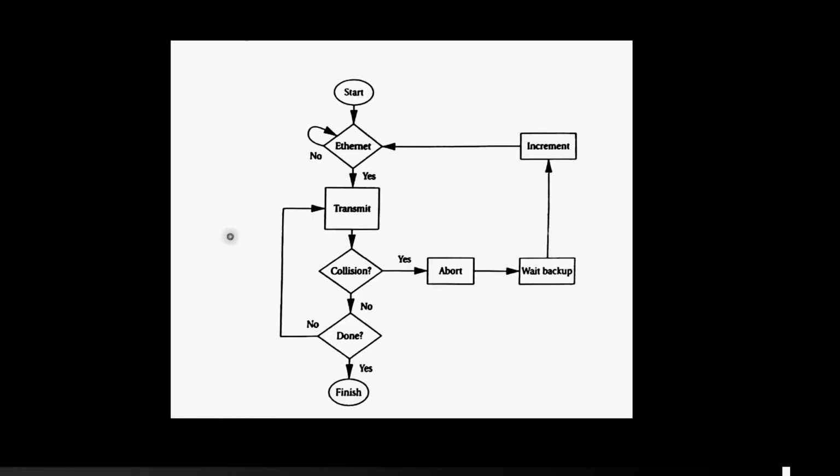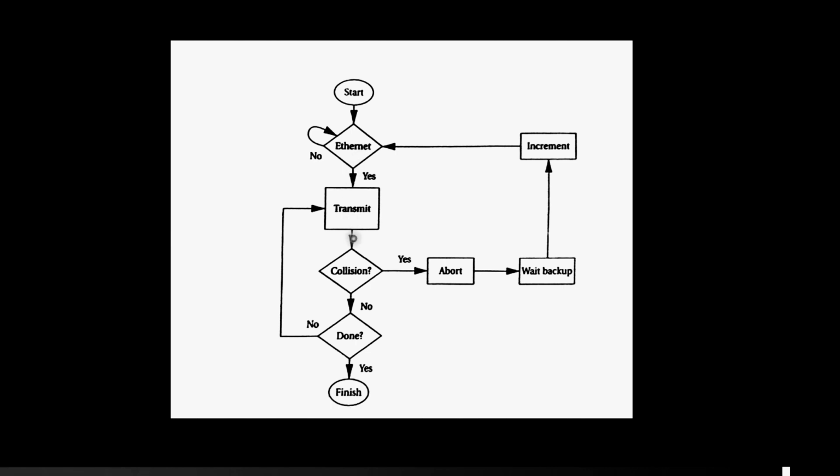This is the flowchart of the CSMA/CD arbitration scheme. Initially, it is in a start state. Each node on the Ethernet network checks whether it is properly connected to the Ethernet bus. If it is properly connected, then it can transmit the data required.